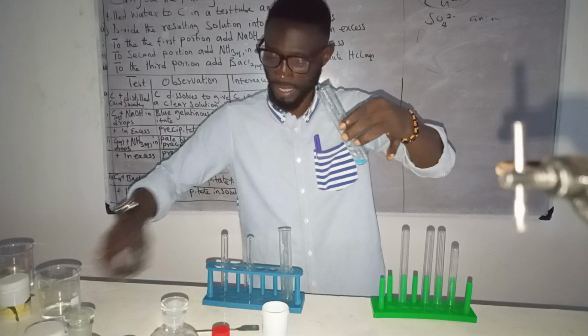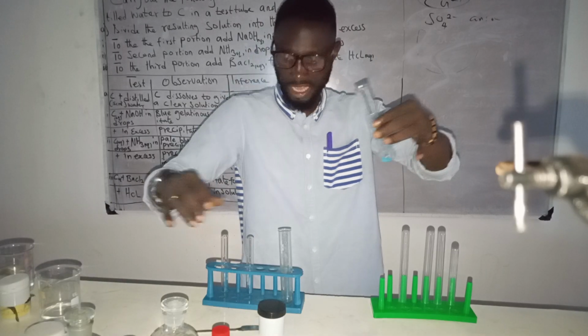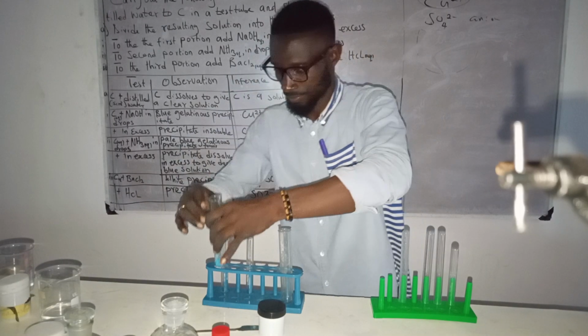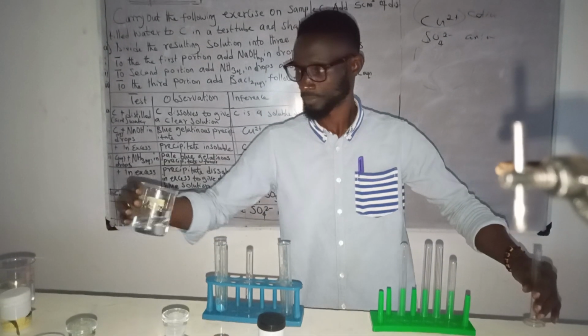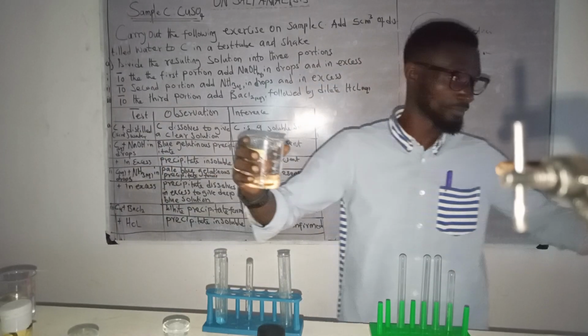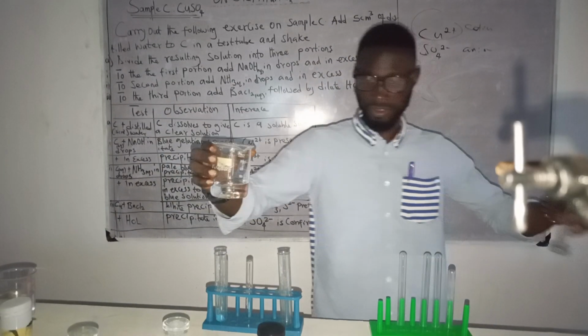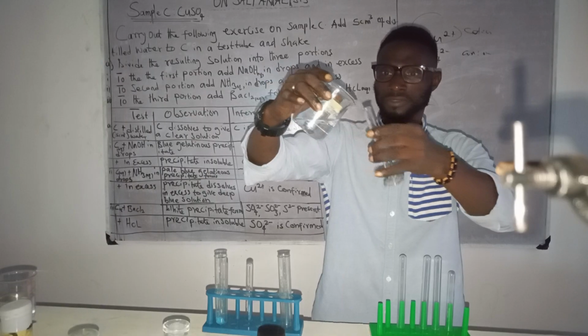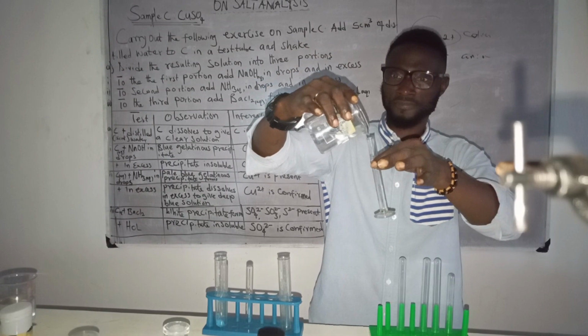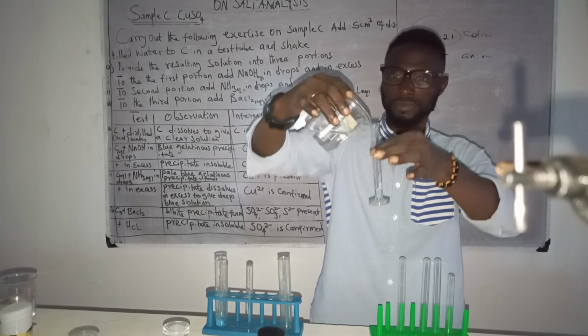Then the next step is that we are expected to add 5 cm cube of distilled water. Already, this is my distilled water. I've already transferred it to a beaker for easy transfer. So I will now measure 5 cm cube.